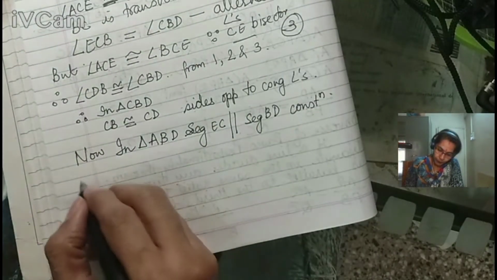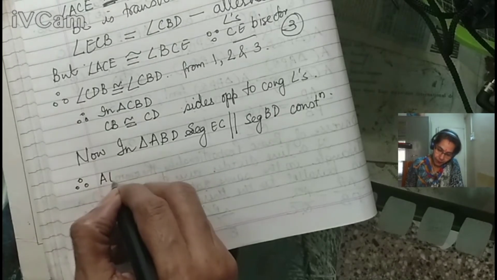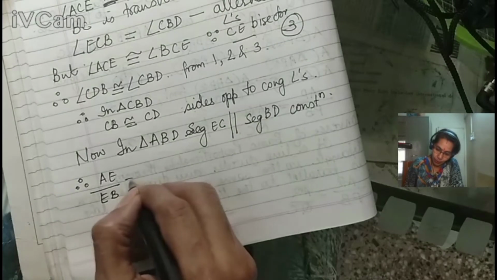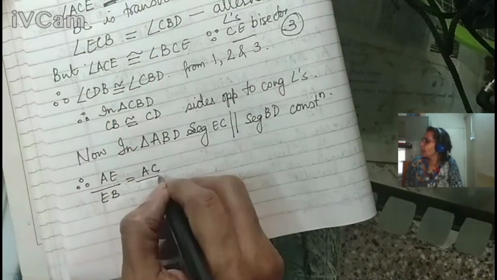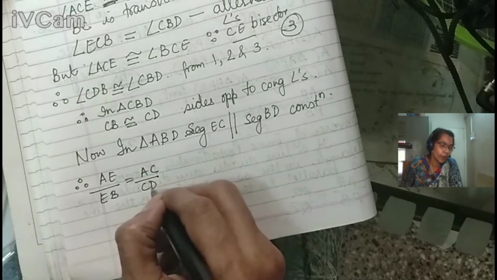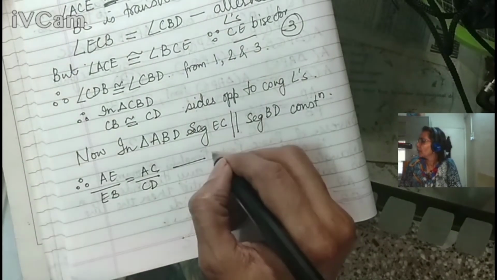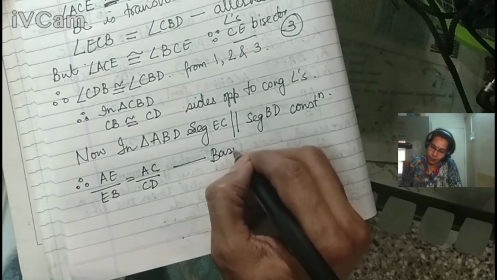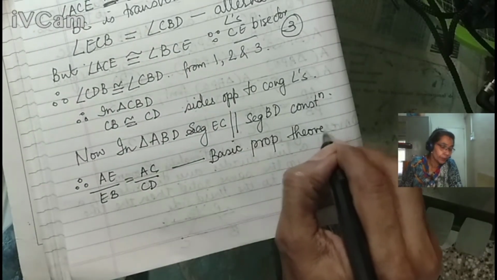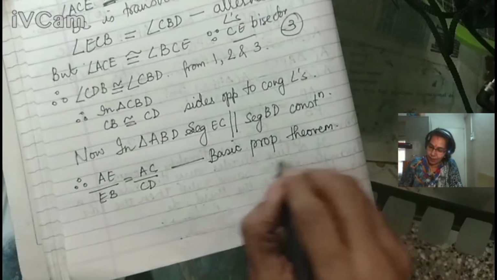Therefore, AE upon EB is equal to AC upon CD. Which concept have I used here? Basic proportionality theorem. This is my statement number 5.